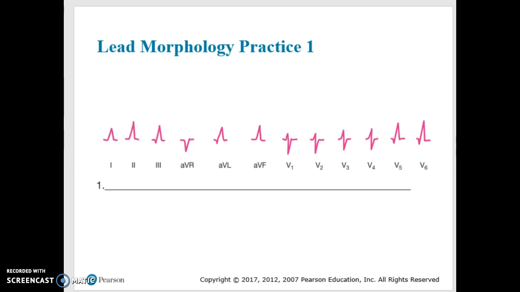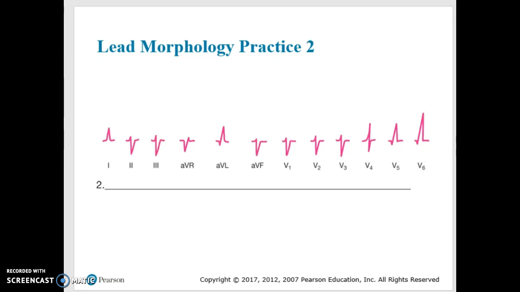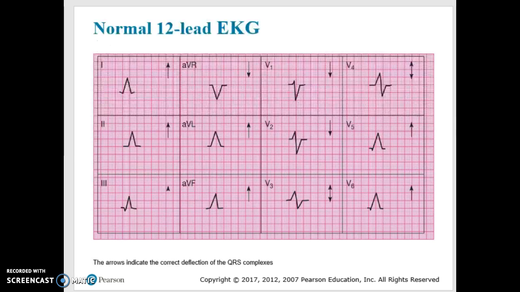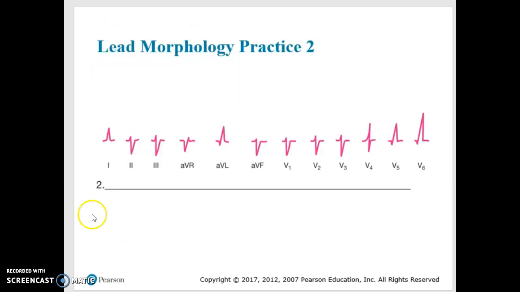You would do the same in the next slide. Practice strip 2. All right, so let's take a peek. Lead 1 here is normal. Lead 2 and lead 3 are negative, and they should be a positive deflection, as what we learned here in this strip. Leads 2 and 3 should be positive. So going back, these are negative.